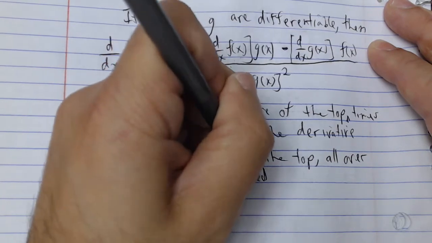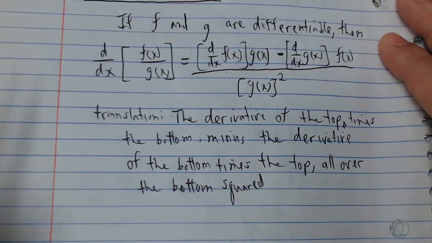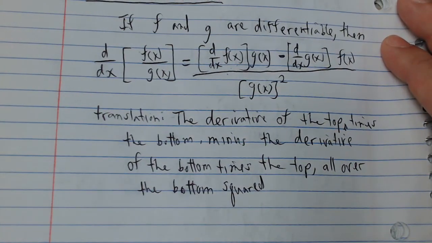So keep in mind that the best thing to do when you're using the quotient rule is to kind of talk yourself through the derivatives, because that'll minimize the mistakes you make.